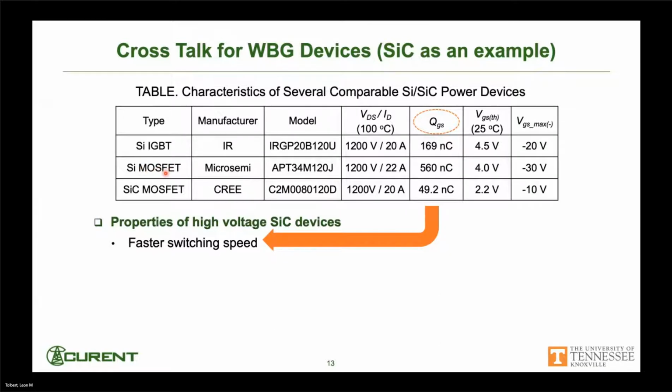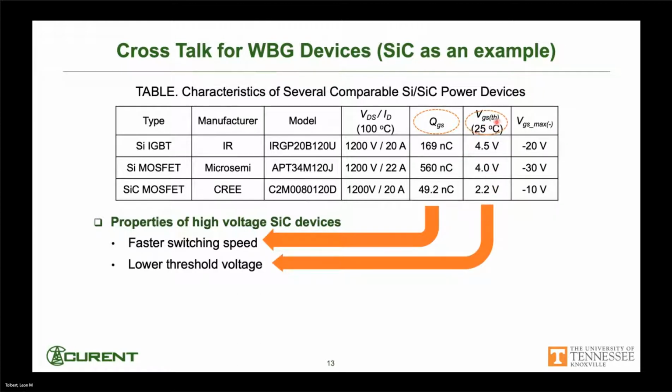And then if we look at silicon MOSFET, it's even higher. But notice for silicon carbide MOSFET, that's fairly low. And so by having this fairly low QGS, it's able to switch much faster because you don't have as much charge that you have to get in and out.